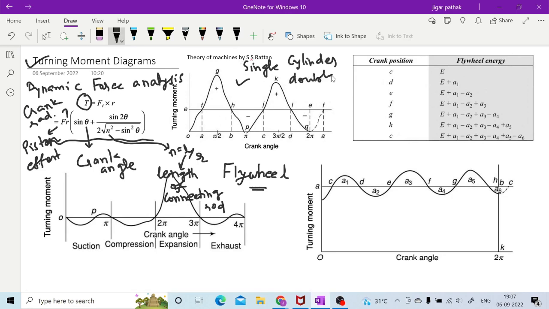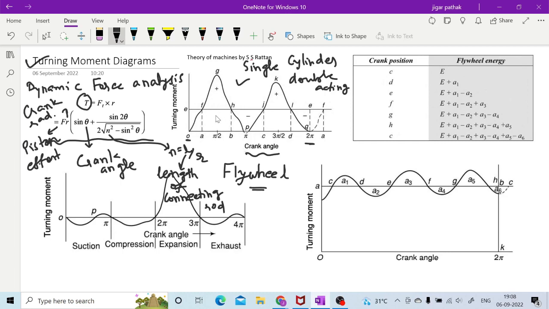Whatever, right? So you are having 2 strokes in 0 to 2 pi revolution. You can see here the crank angle is varying from 0 to 2 pi, and in that you are having 2 power strokes. Whenever you are having this higher energy generation, that is during the power stroke. So here you are having this particular double acting, or you can say 2-stroke engine, in which one revolution of crank will give you 2 power strokes, right?